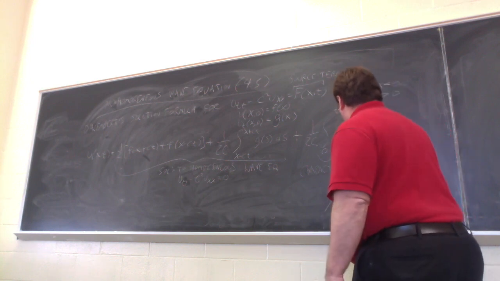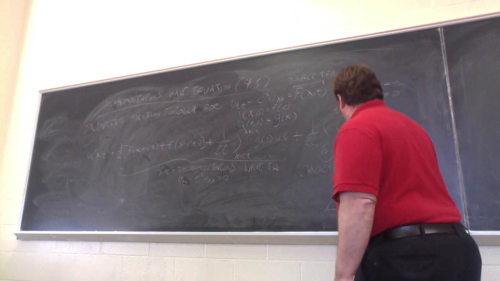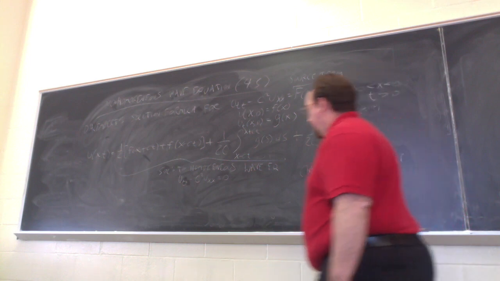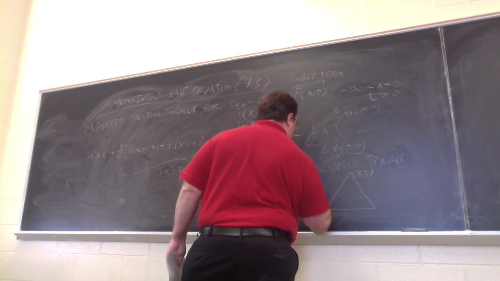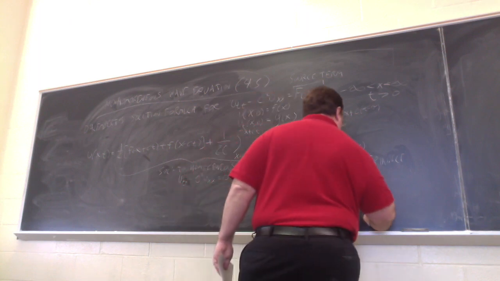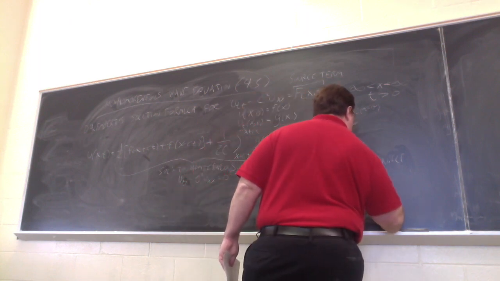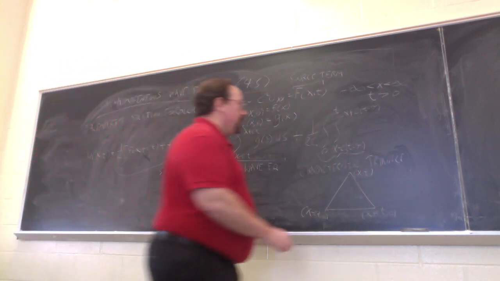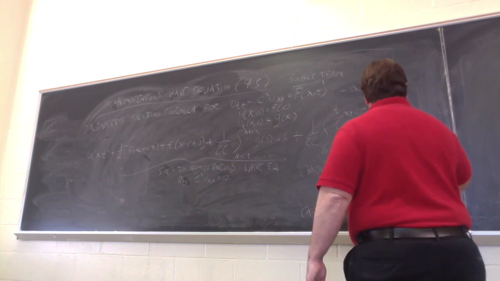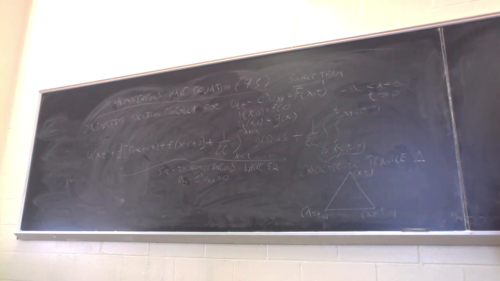It has the vertices (x,t) at the top, (x minus ct, 0) at the bottom, and (x plus ct, 0) also at the bottom. I've normally abbreviated the characteristic triangle as just delta.